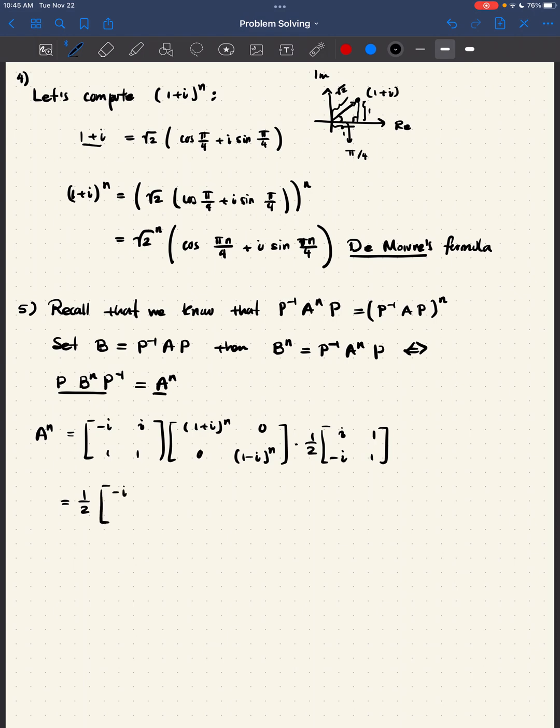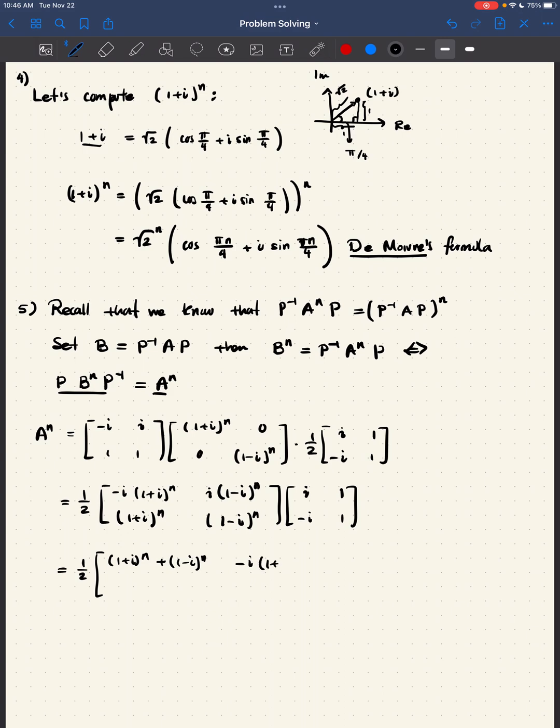So now this is negative i (1 plus i) to the power of n, i times (1 minus i) to the power of n, times (1 plus i) to the power of n, times (1 minus i) to the power of n, times, in matrix, negative i, 1, which now we express in this fashion: 1/2 of (1 plus i) to the power of n plus (1 minus i) to the power of n, negative i times (1 plus i) to the power of n plus i times (1 minus i) to the power of n. i times (1 plus i) to the power of n minus i times (1 minus i) to the power of n.